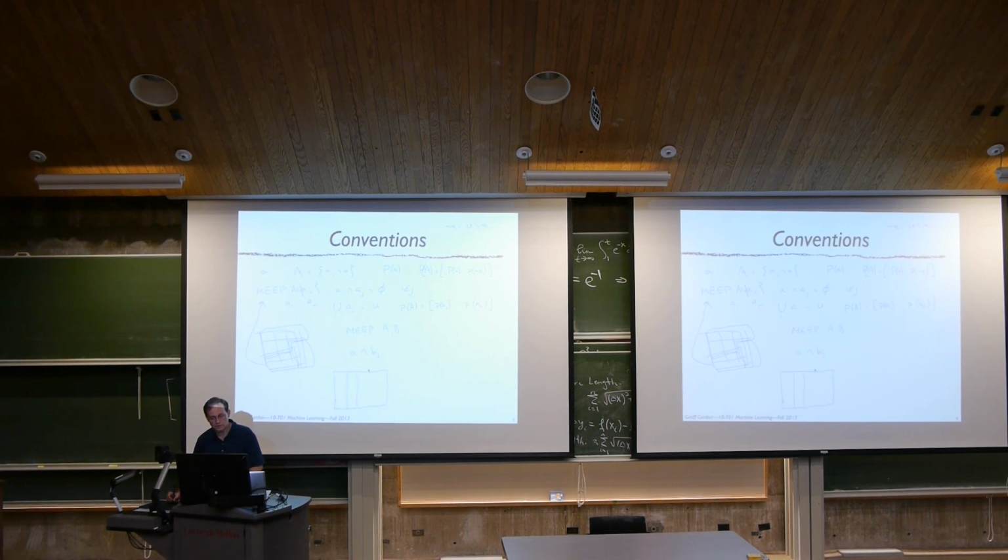Here's my checkerboard again. Let's say that AI is this row, and BJ is that subsquare. Then AI intersect BJ is this thing, and I can assign a probability to that.